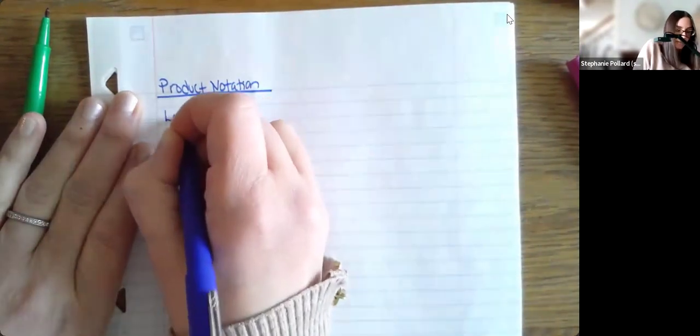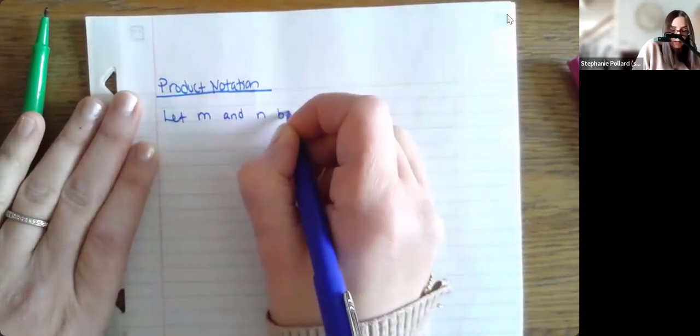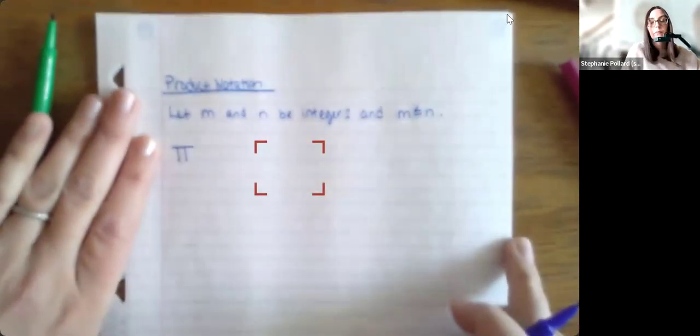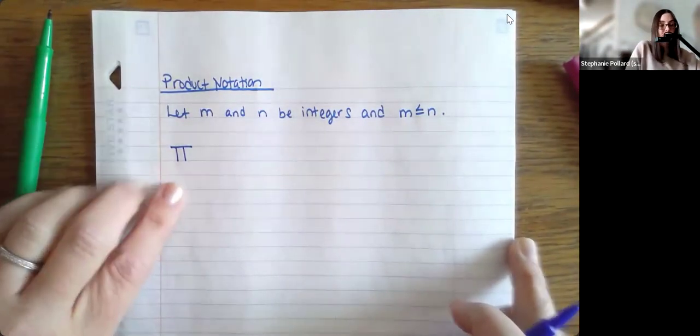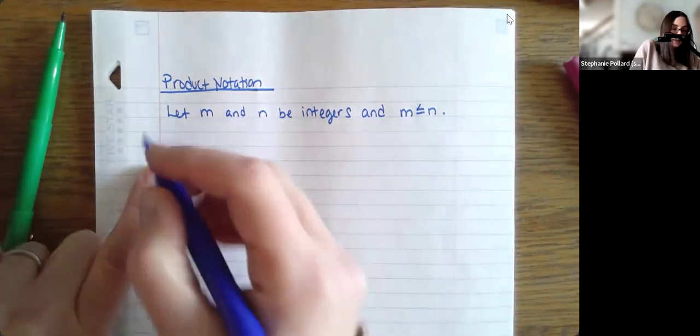We're going to let m and n be integers, and we're going to let m be less than or equal to n. So the notation looks like this. Oops, let's fix this. Sorry, guys. There we go. So the symbol for product is this. I'll talk about it more in 1 second.